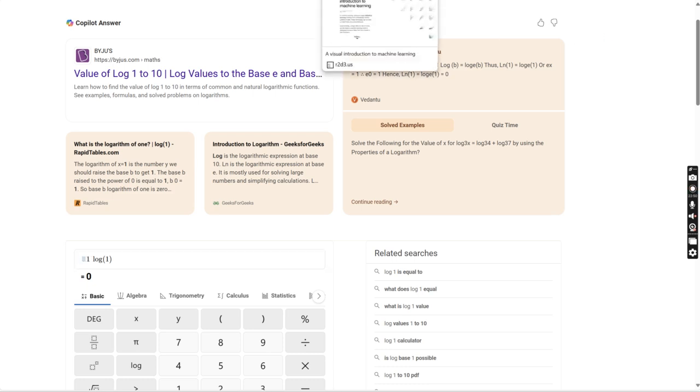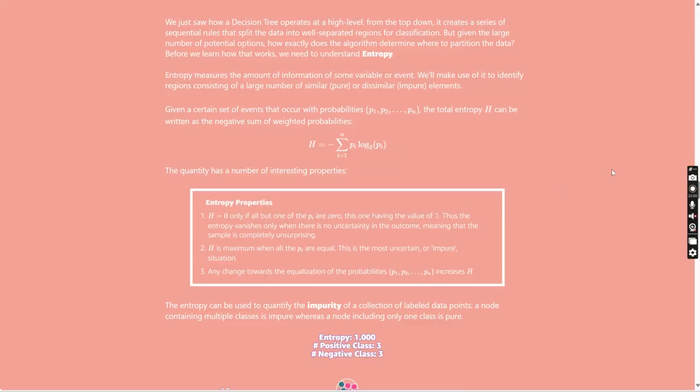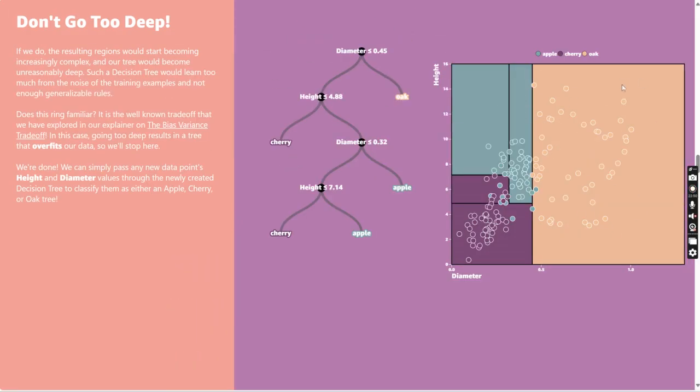Taking it back to the pure split definition: in a pure split, only one event has occurred at this decision, and that event is only the oak tree. Because there are no other events, the probability of occurrence of oak tree is 100%, 1. So 1 into log of 1 is 0, hence the total entropy becomes 0.